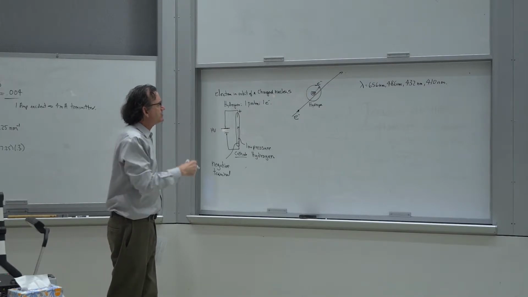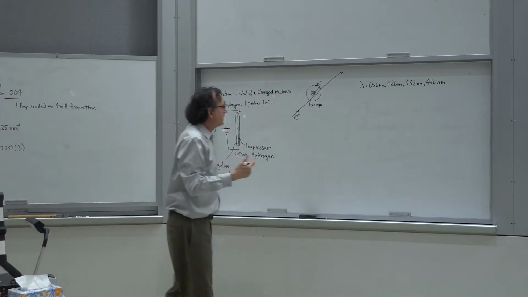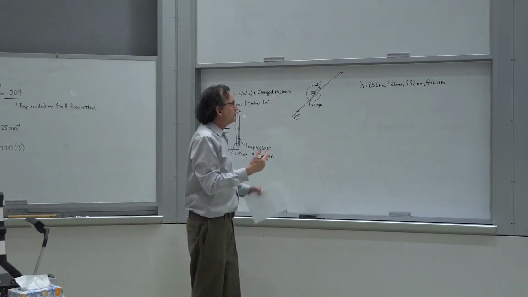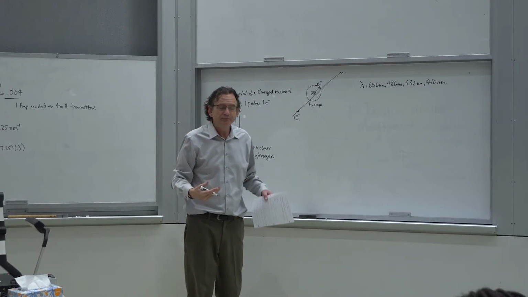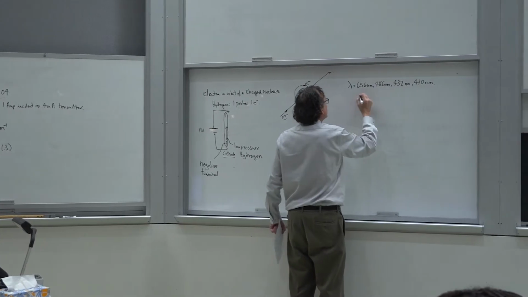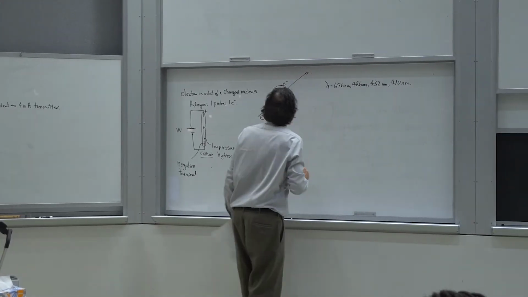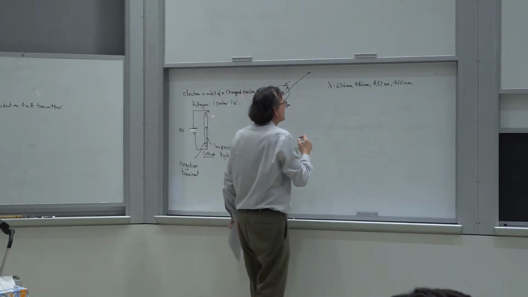At the time this was first discovered, as we talked about earlier, a fellow named Rydberg came up with an empirical formula that predicts how these wavelengths are related to one another.